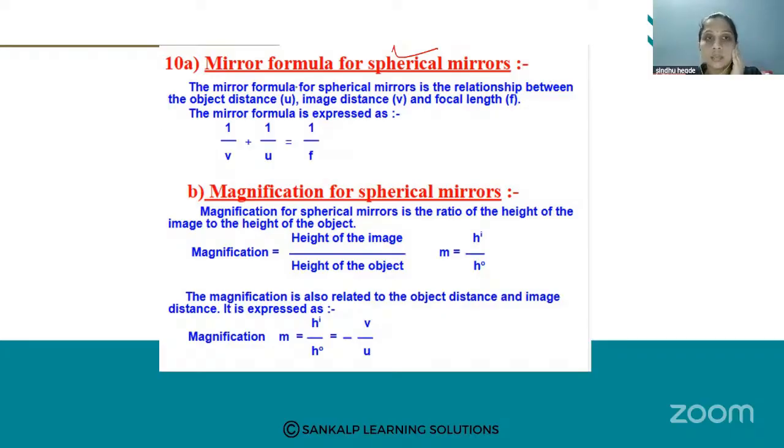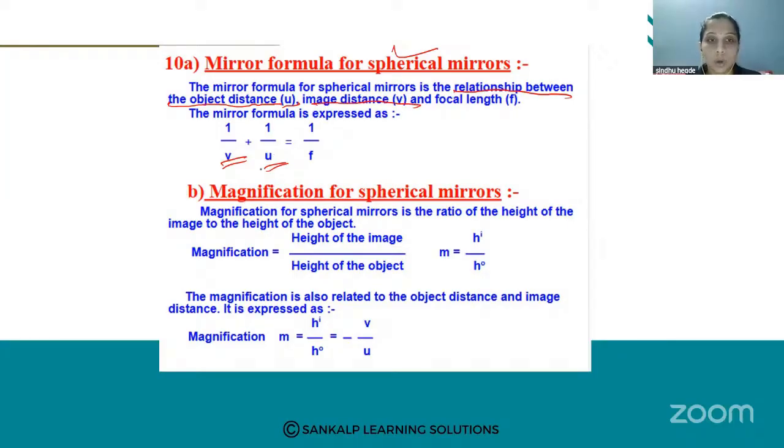The mirror formula for spherical mirrors tells about the relationship between what and what? The relationship between object distance, that is considered as u, and image distance, that is v.